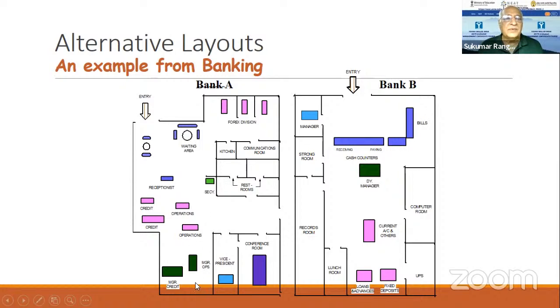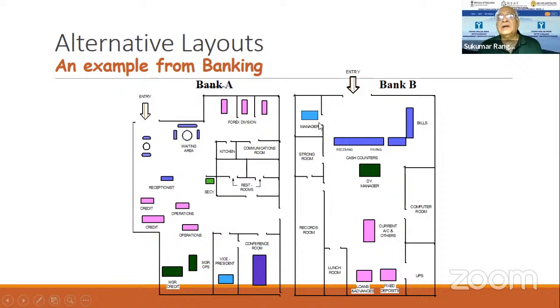Then you have the main manager credit. Now, why they put credit in this position is they are not going to give you money, that's why they put you in the back, I think. Whenever you ask for a loan, they'll say no. So it's easier to put it out there. And then you have a conference room and the person who is heading that facility. And some other common facilities are here. This could be one kind of layout.